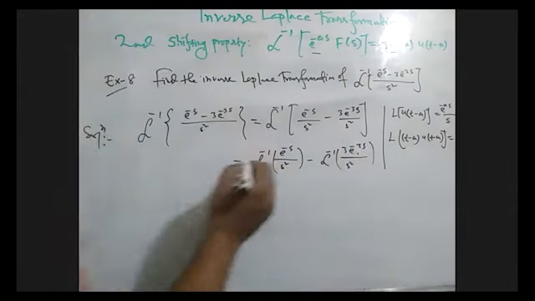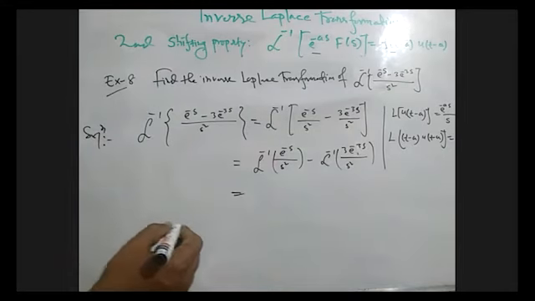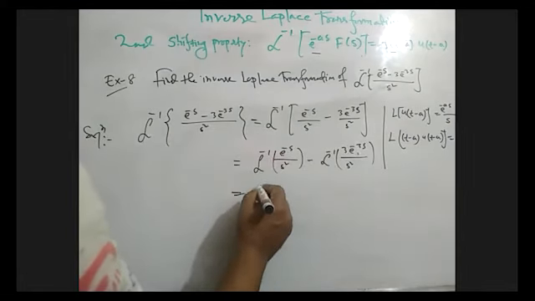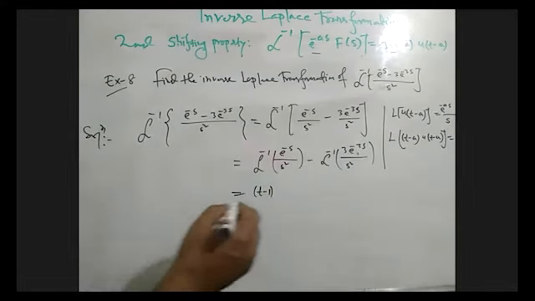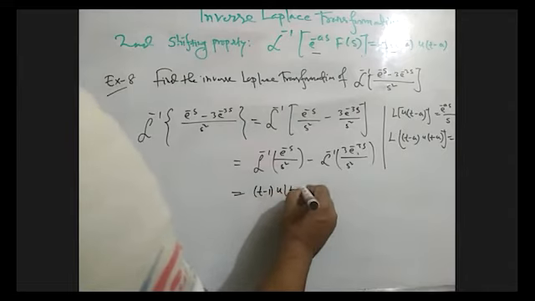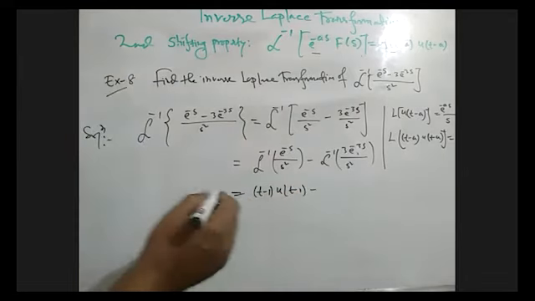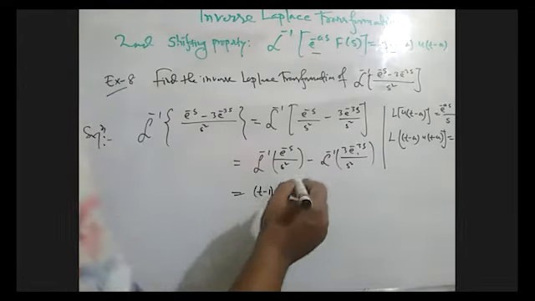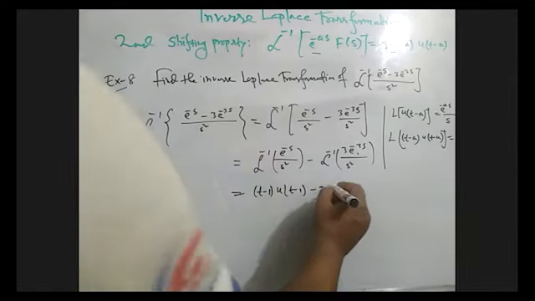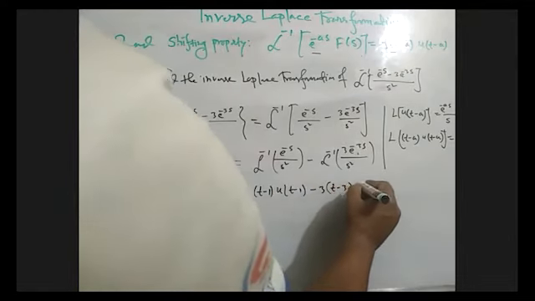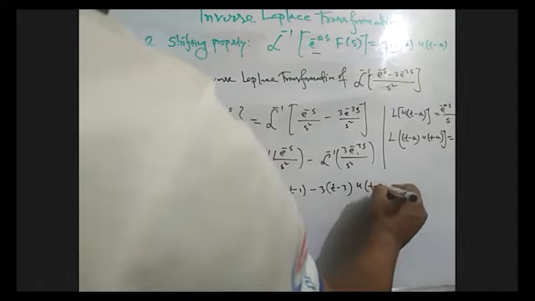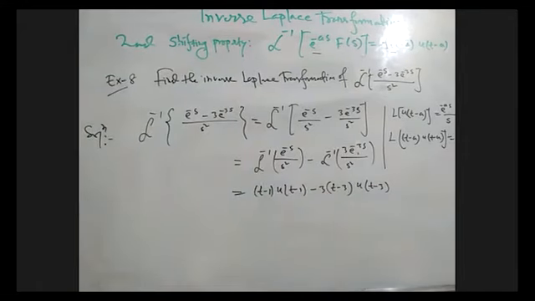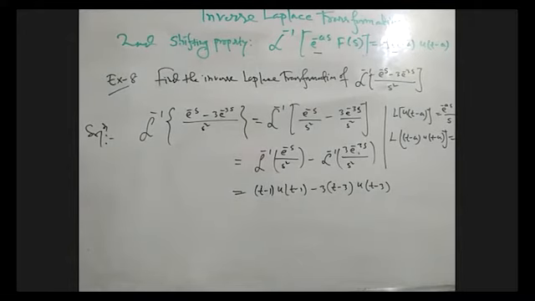Using this, the coefficient of s is 1, so it is (t minus 1) into u of (t minus 1), minus 3 times (t minus 3) into u of (t minus 3). This is the result. Very easy one.